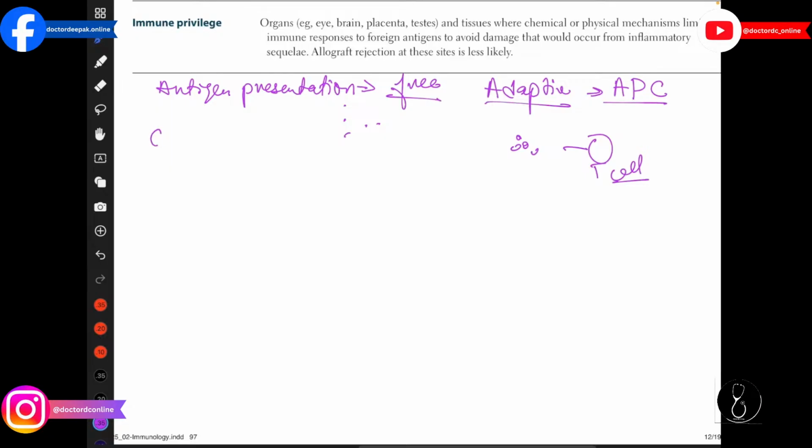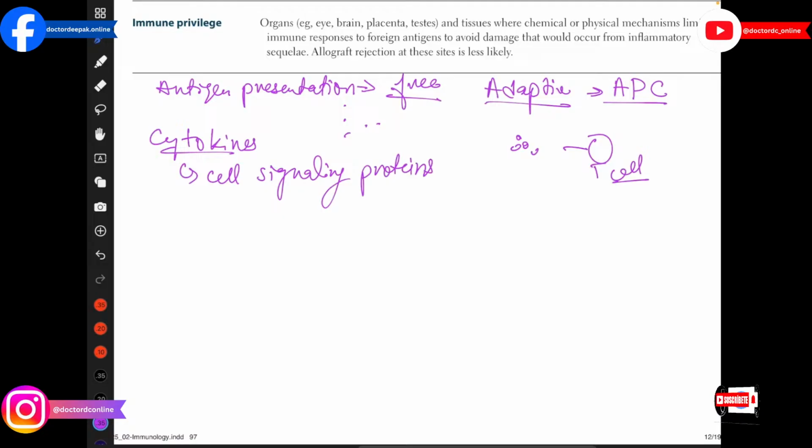Second, there are cytokines. Cytokines are cell signaling proteins, often released by immune cells, and they stimulate inflammatory responses in various subsets. They have different functions. Chemokines attract immune cells and cause chemotaxis.